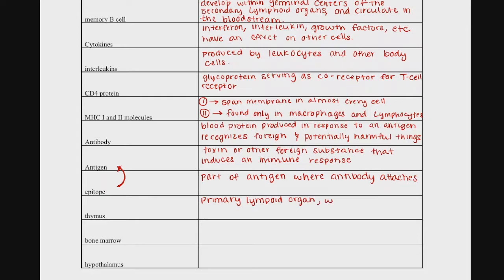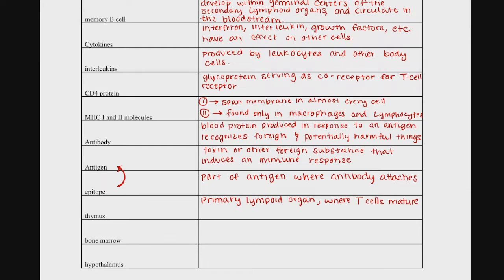So, primary lymphoid organ where T cells mature. And as we've said before, T cells are super important to the adaptive immune system. So that's where the body adapts specifically to foreign invaders. We've seen them before, and once we see them again, they're toast.